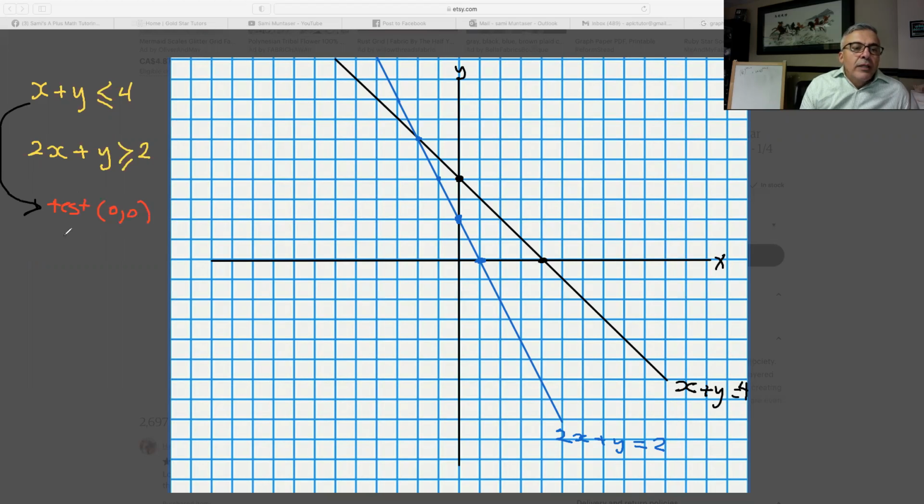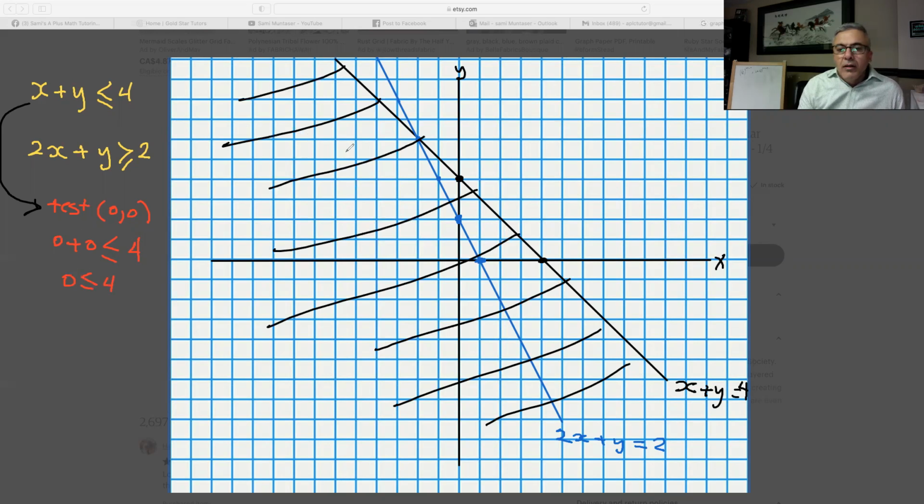And therefore, in that one, I'm going to get 0 plus 0 is less than or equal to 4. You end up with 0 is less than or equal to 4, and that's true. So therefore, since 0, 0 is below this line right here, I'm going to shade everywhere below this line.